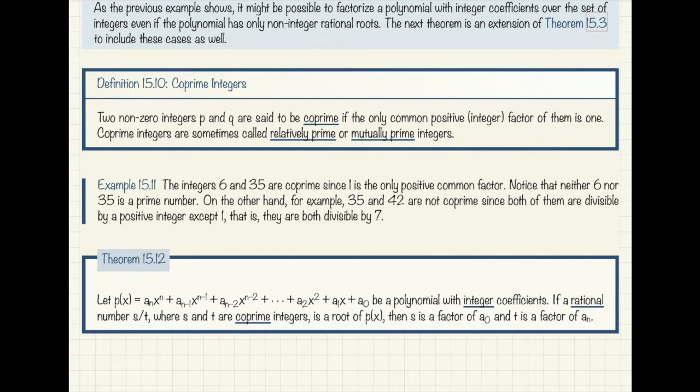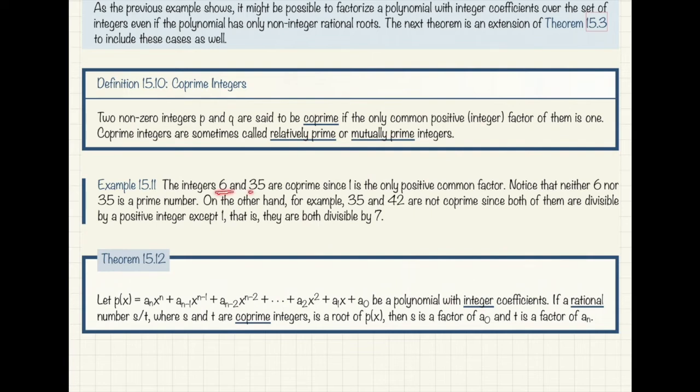So co-prime numbers are sometimes called relatively prime or mutually prime integers. Let me give a very simple example. By the way, don't mix this term with the notion of a prime number. It becomes clear in this example.